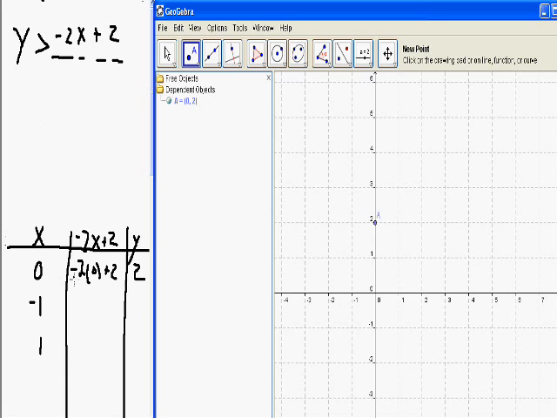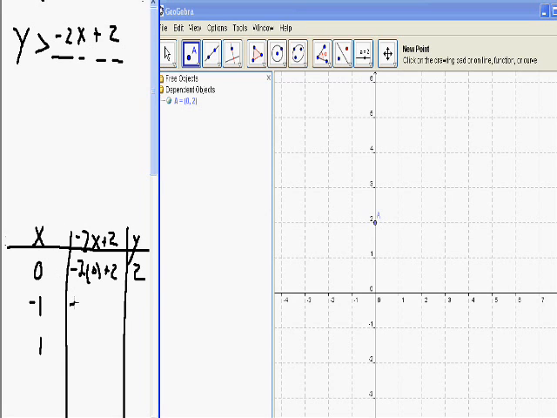Okay, let's take x equals negative 1. If I take negative 2 times negative 1, and if you're having trouble with your negatives, always double check your answer on the calculator, negative 2 times negative 1 is a positive 2. Adding 2 more to that, I get 4.